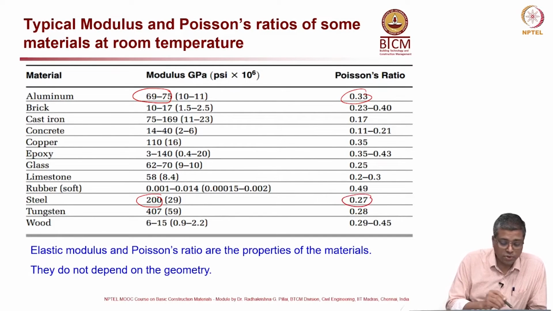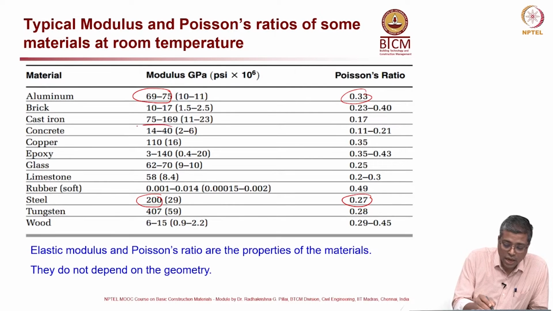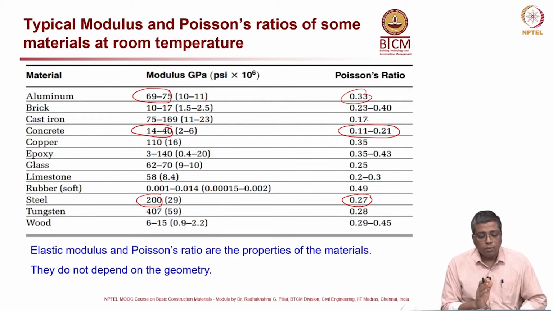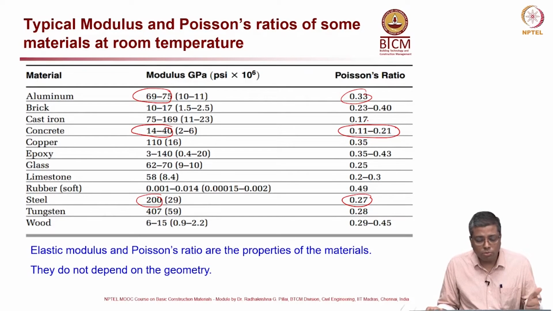Now, in case of concrete, the modulus has significant variation, 14 to above 40, and today we even have concrete with more than that. Poisson's ratio also varies significantly from 0.11 to 0.21. So, the point here is these properties can vary depending on the homogeneity of the material and various other properties.